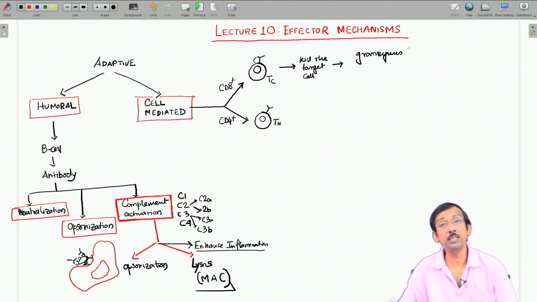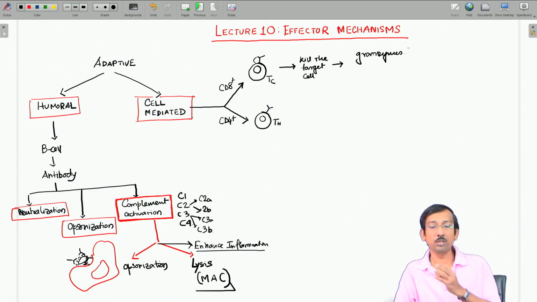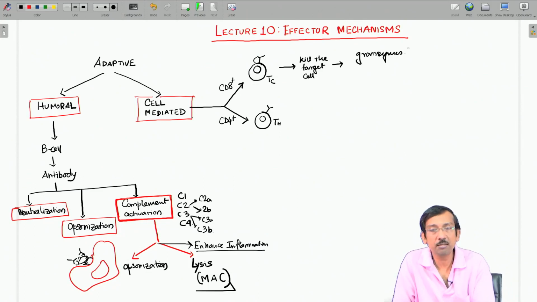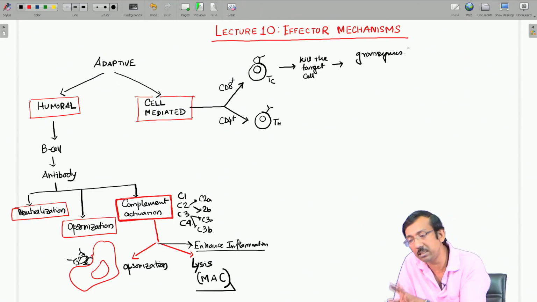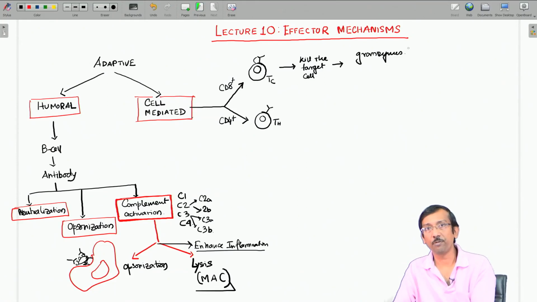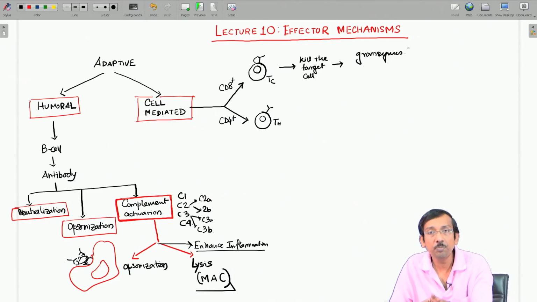These granzymes are basically pro-proteases. The term pro means they are not yet proteases, but they get transformed into active proteases when they are cleaved. So, these granzymes are inactive proteases, and when they are released into the target cell, they become active proteases and can degrade proteins and do a lot of functions. These granzymes are released by the cytotoxic T cells.